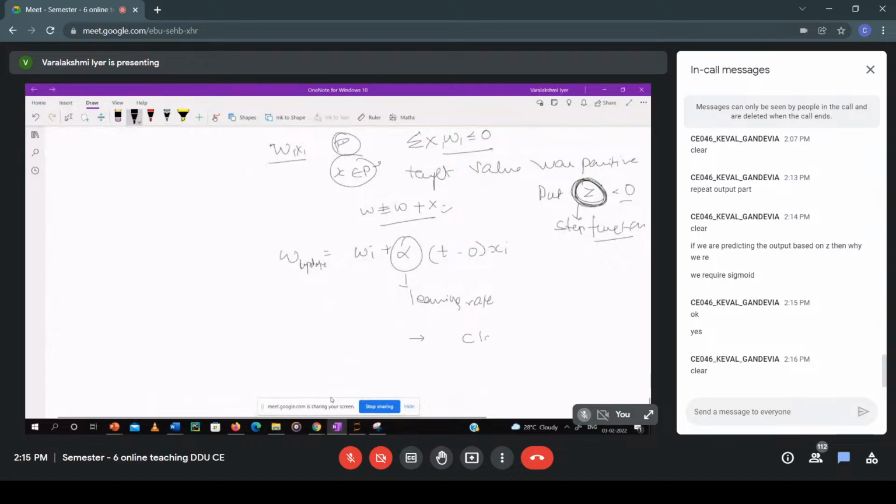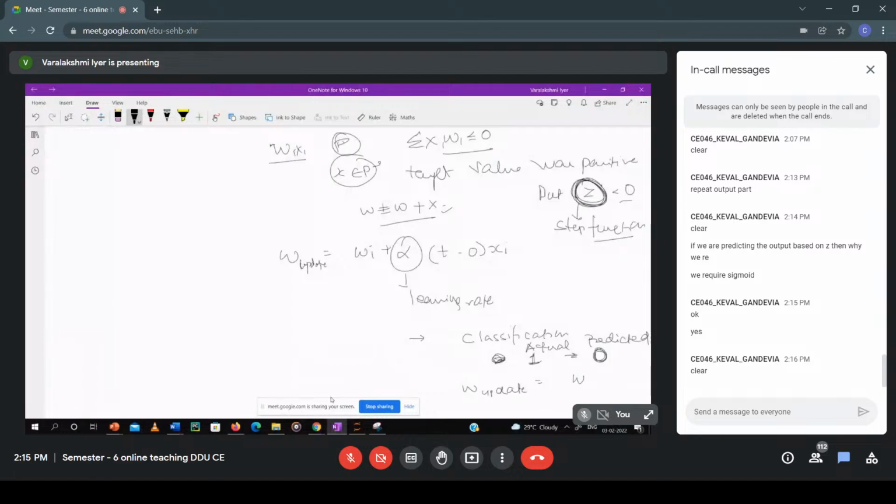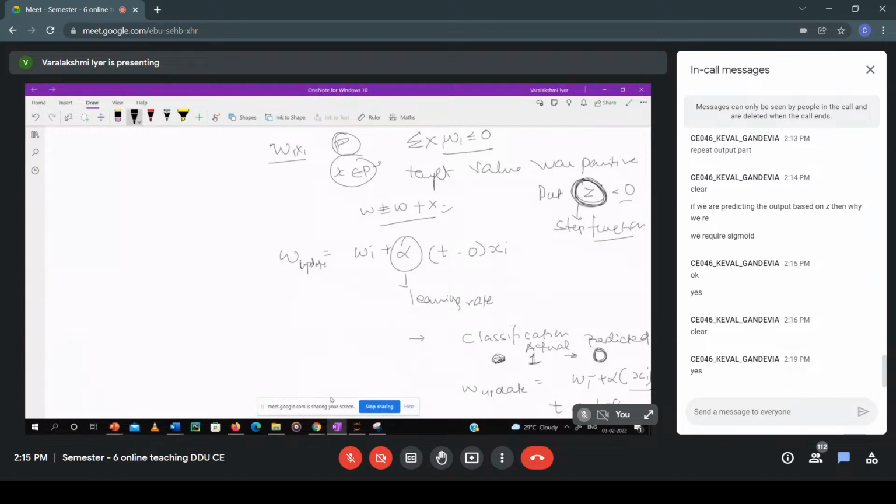For example, if your actual target value was 1 but your predicted value was 0, what will be your update value? W updated equals Wi plus alpha times xi, because 1 minus 0 is 1.